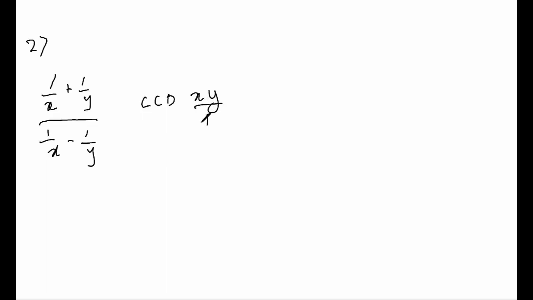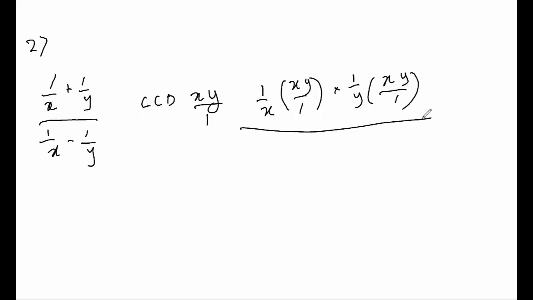So what I'm going to do is I have 1 over x times xy over 1 plus 1 over y times xy over 1. And then the bottom, I am going to do 1 over x, xy over 1 minus 1 over y, xy over 1.